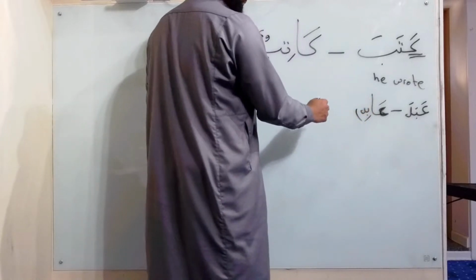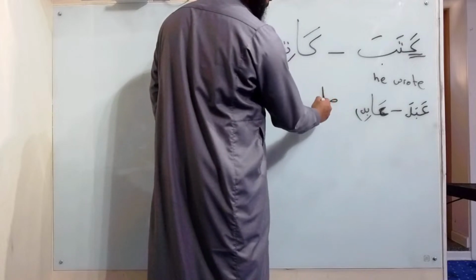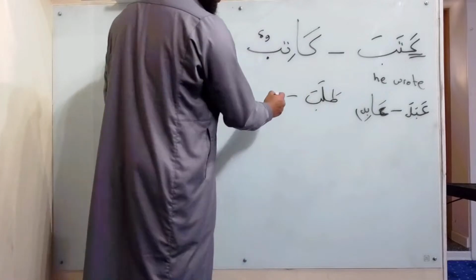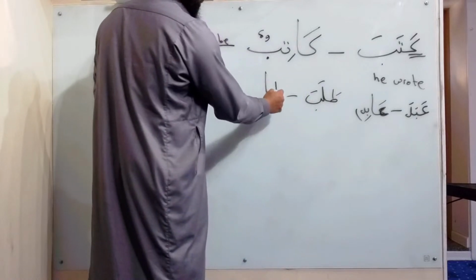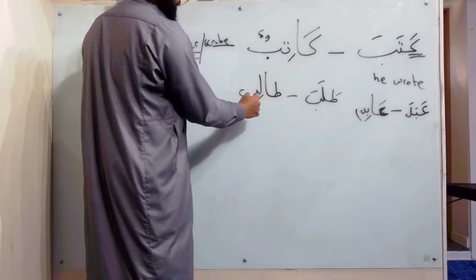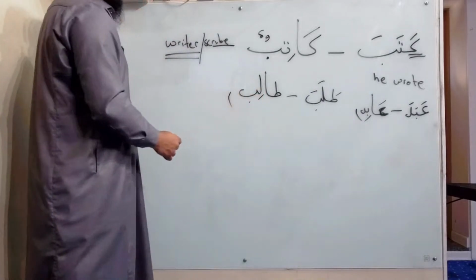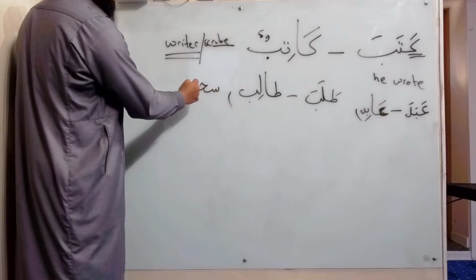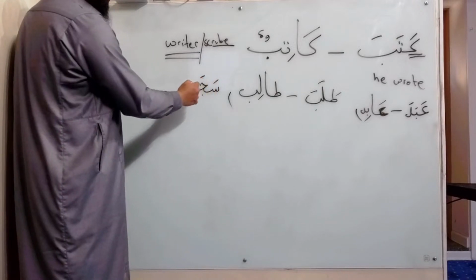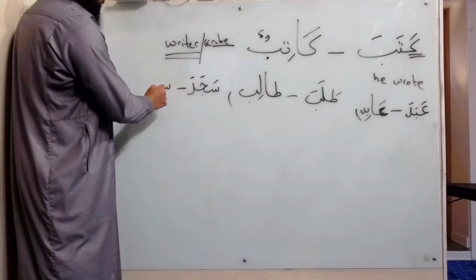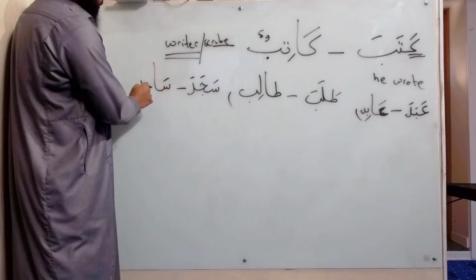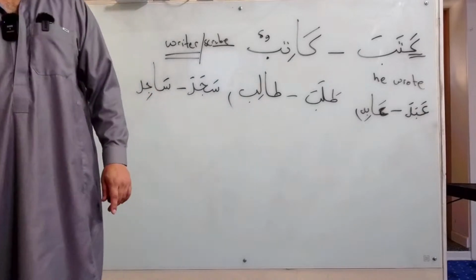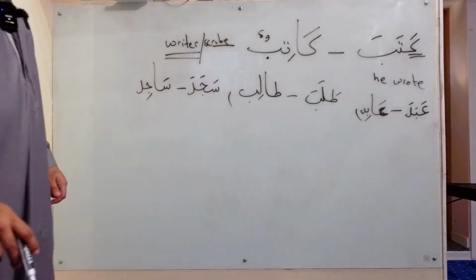You have talaba, he sought, right? The seeker, talib. Seeker of knowledge, talib. You have sajada, means he prostrated. The one who's doing the prostration, sajid, right? Alif after the first. Clear? We did this the last time.